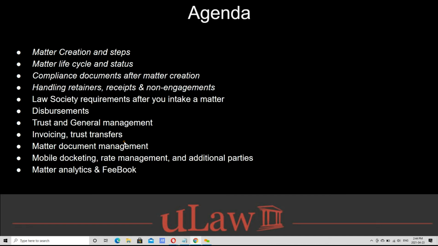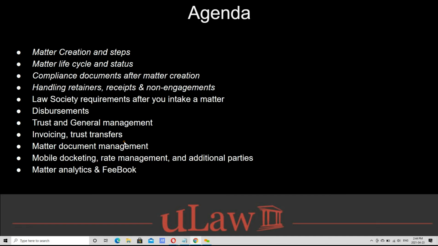The Law Society's requirements as part of that matter management, right from having unique file numbers to cross-index, the ability for you to have the pertinent non-engagement letters, the timely set of documents that you need to send to your client.